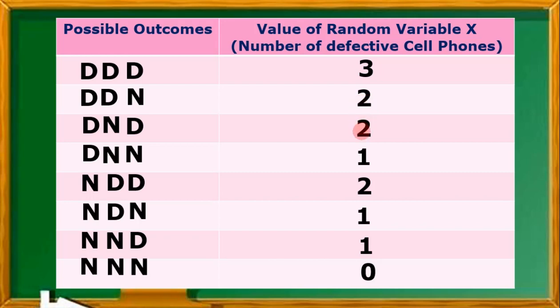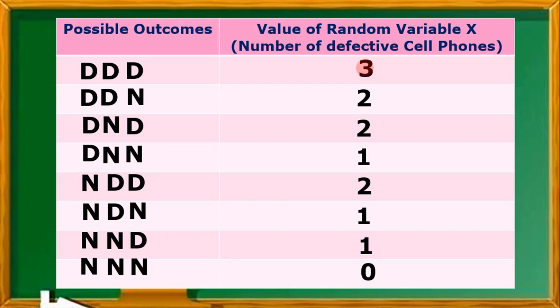How many 2's? 1, 2, 3. There are also 3 2's, so we have 3 out of 8. And the last one, how many 3 defective cell phones? What is the probability of x equal to 3? That is 1 out of 8.